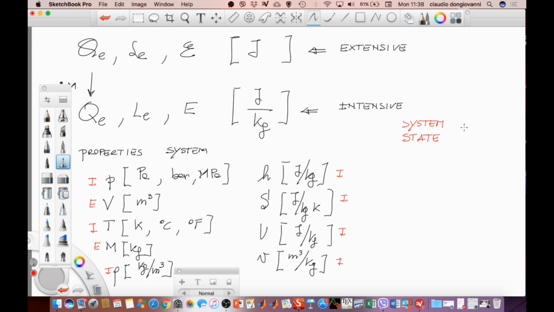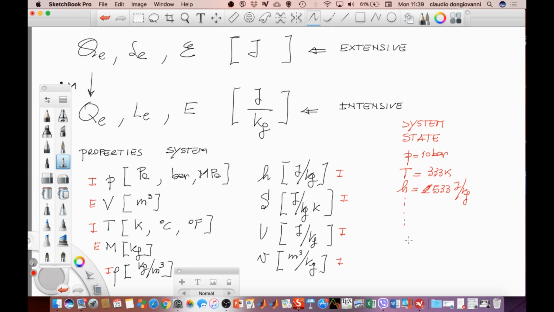No? We say, okay, the state of the system has a pressure equal to 10 bar, temperature equal to 333 Kelvin, enthalpy of, I don't know, 2,533 joule per kilogram. We have a list of properties, okay? For any of them, we have one value. That is a state of our system, okay?